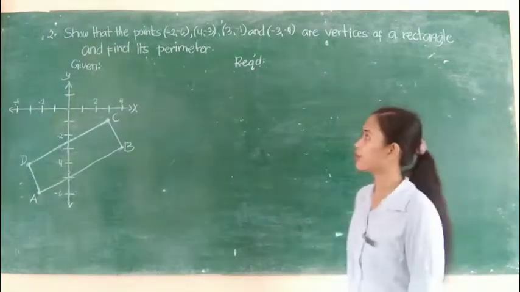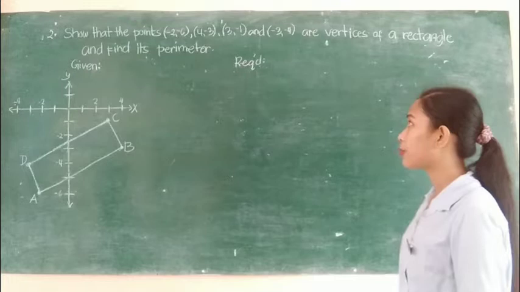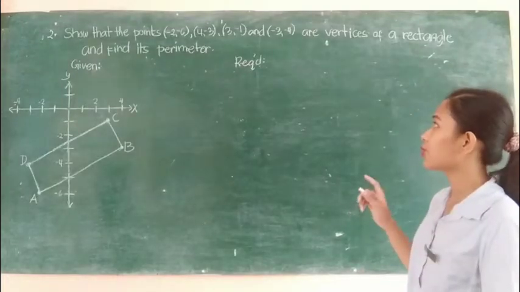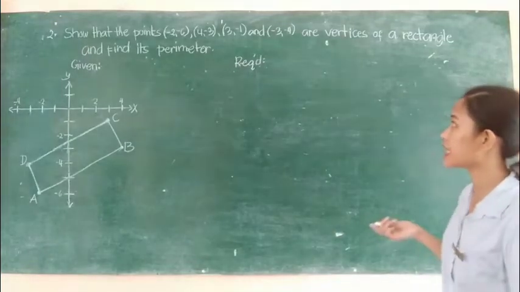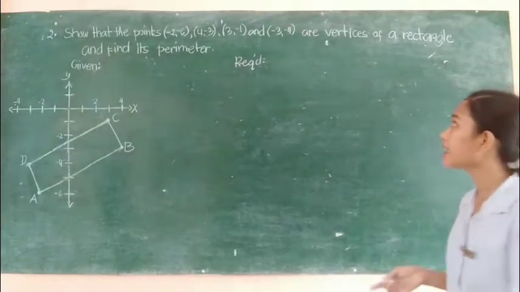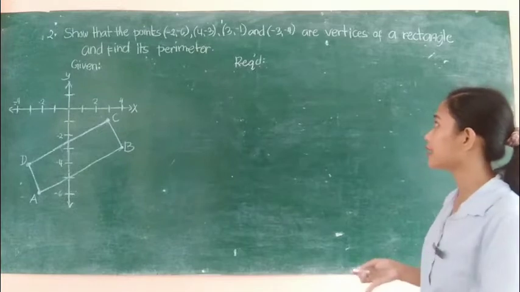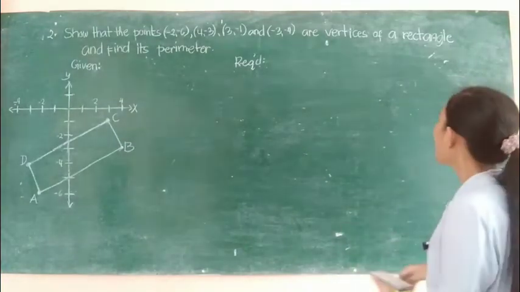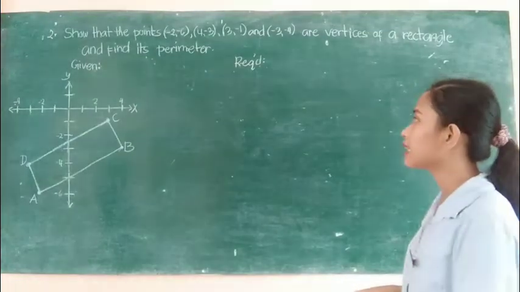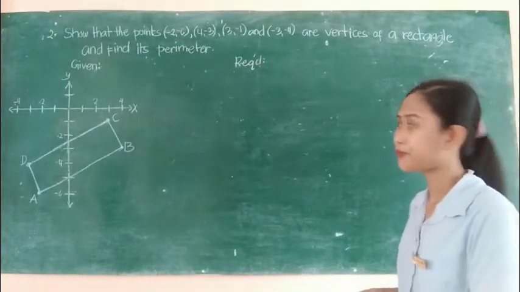Question number 2. Show that the points -2 and -6, 4 and -3, 3 and -1, and -3 and -4 are vertices of a rectangle and find its perimeter.